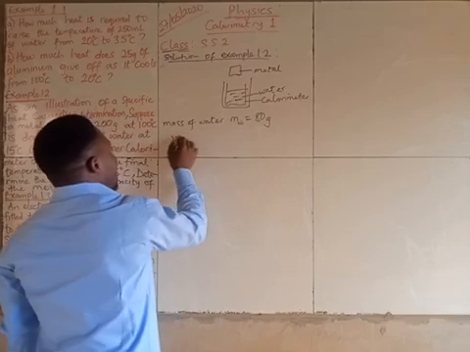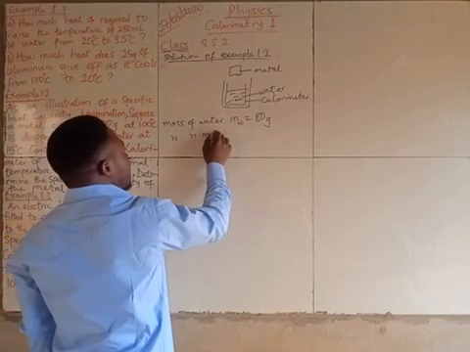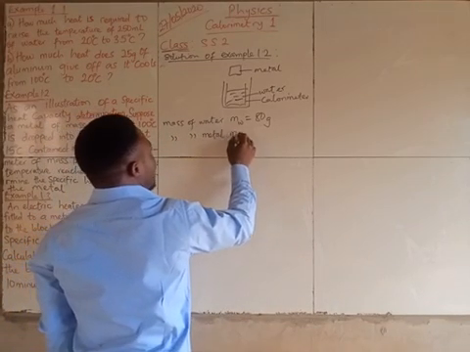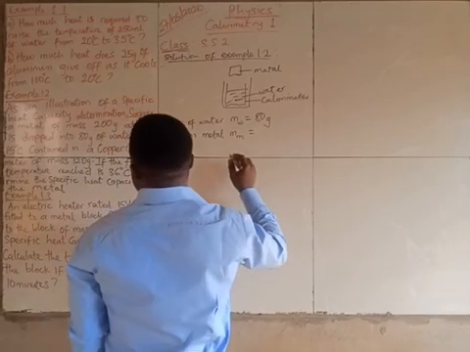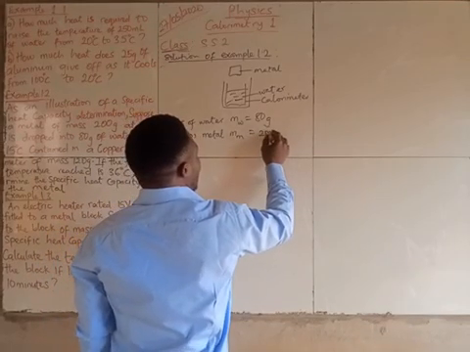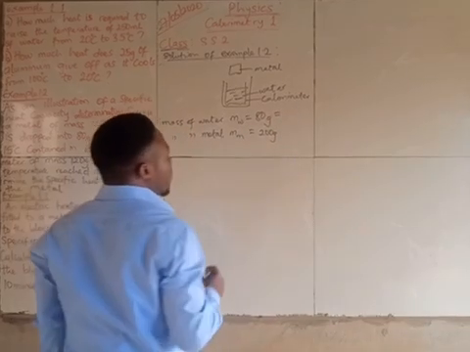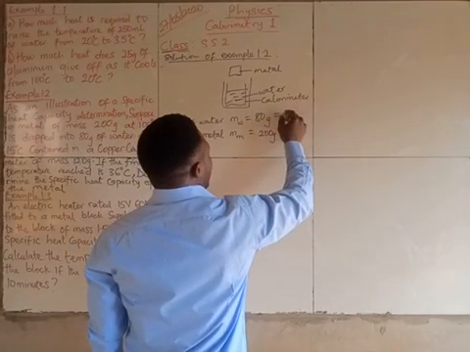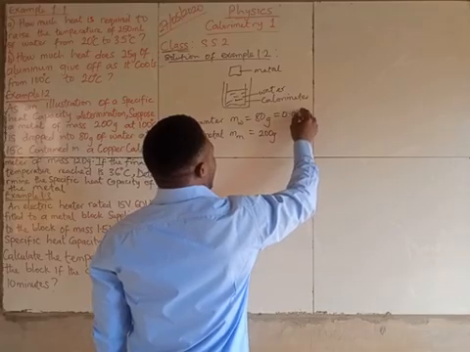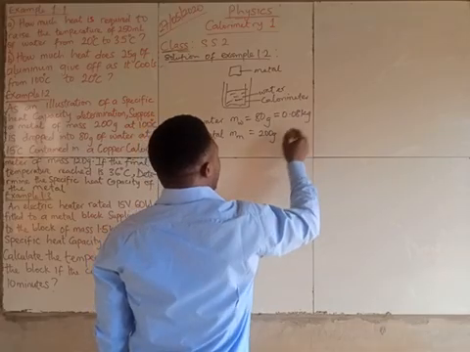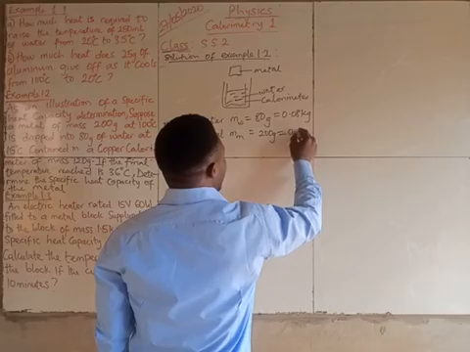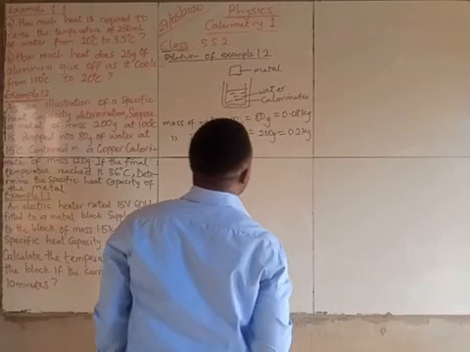The mass of the metal is 200 grams. We can do well to convert this into kilogram. That is, this will give us 0.08 kg for the water. Divided by 1000, the metal will be 0.2 kg.